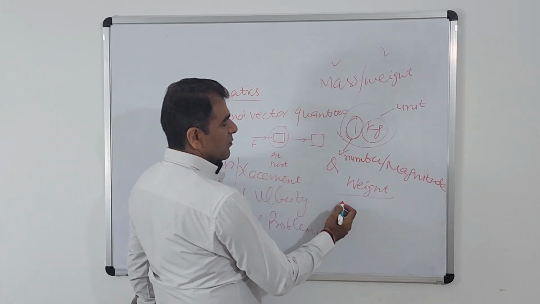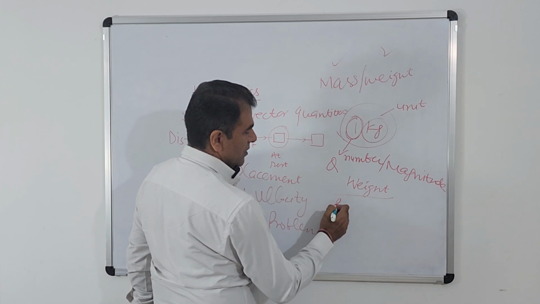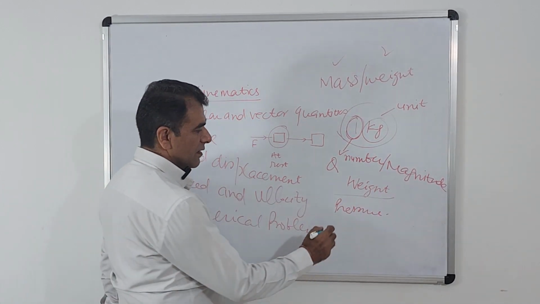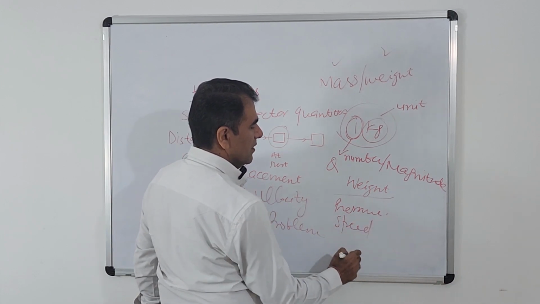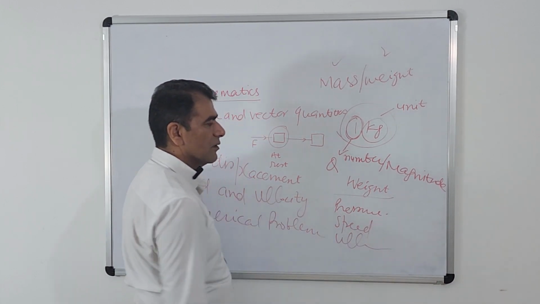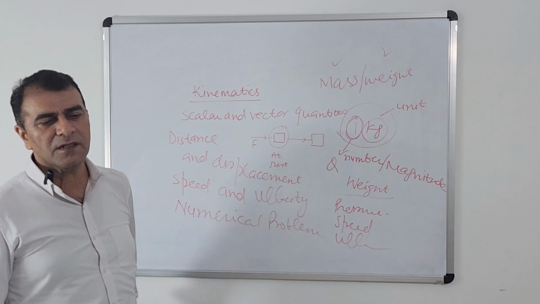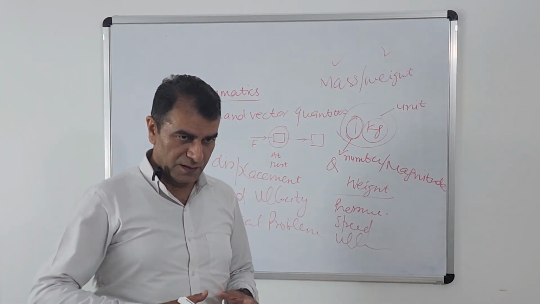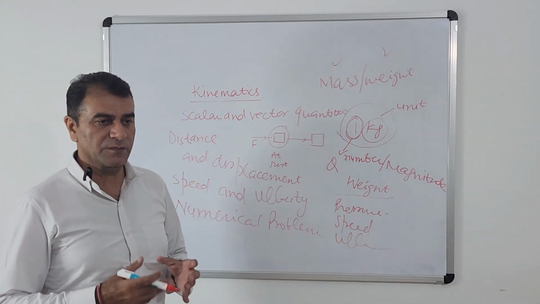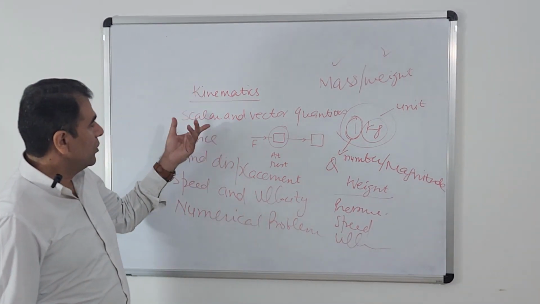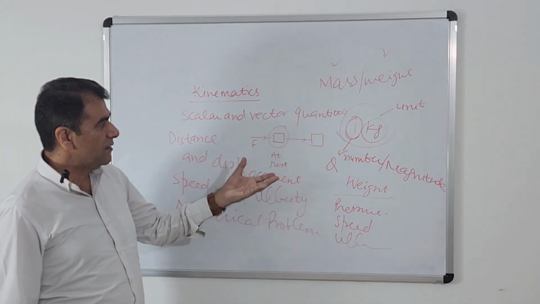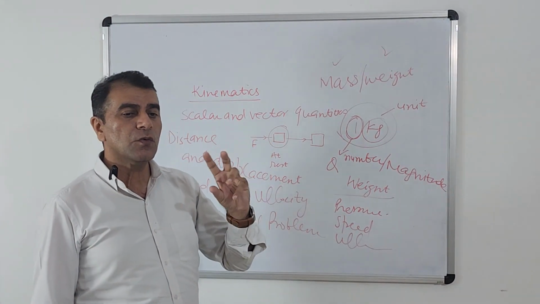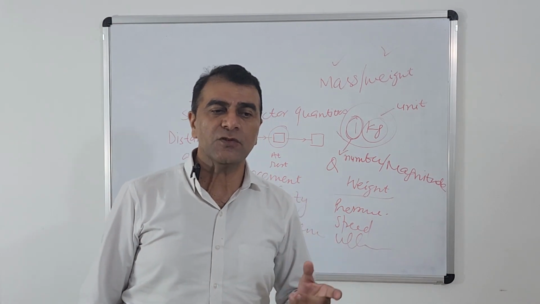Another physical quantity may be pressure. Speed is a physical quantity. Velocity is a physical quantity. There are a lot of physical quantities dealing with motion, right?